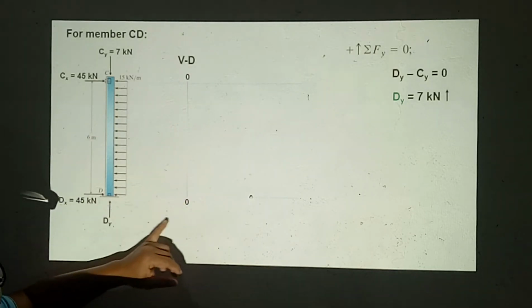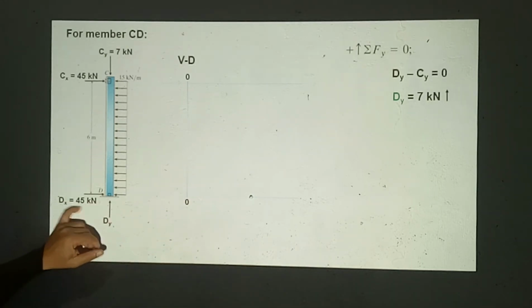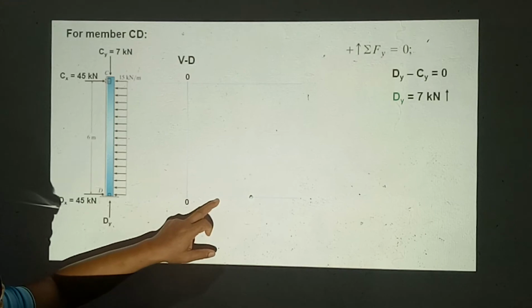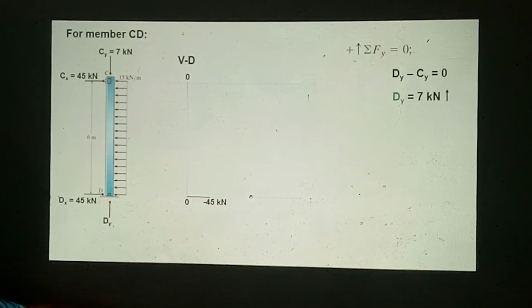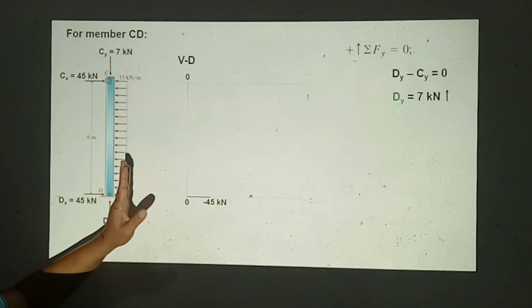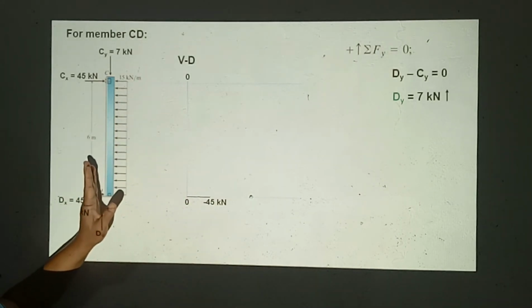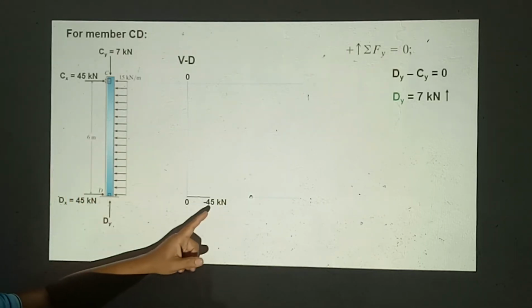With the shear diagram, we start with 0, and we have a reaction here of 45 kilonewtons to the right. So we go to the right, minus 45, and then this applied load is giving us a shear which is positive because it's directed towards the left.